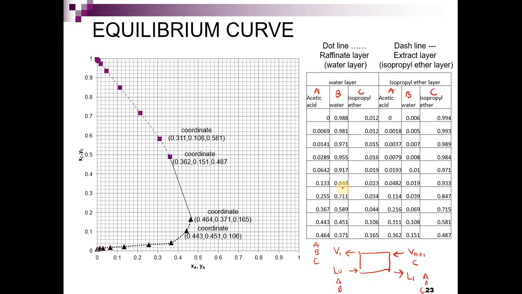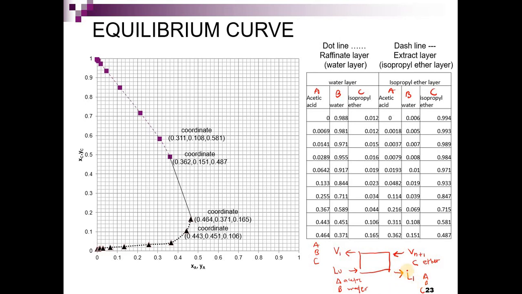Okay, so the water layer, let's say A is acetic acid, and B is water, and my solvent is isopropyl ether. So the water layer means we don't want water, so water will exit as L1 as a raffinate.